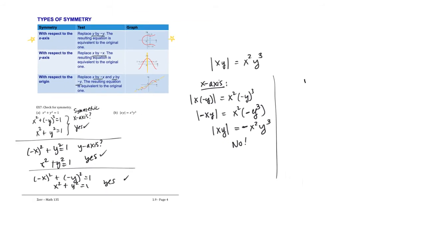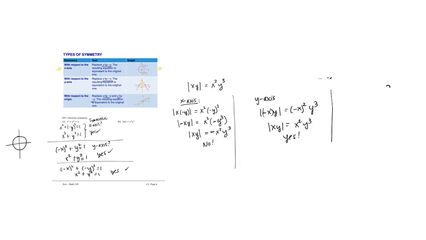Okay, and now if we try y-axis symmetry, we're going to replace x with the opposite of x. And this one will be symmetric because you take the opposite of x and square it, and it will be positive. So this one is a yes. And then let's look and see with the origin. Okay, here we're going to replace them both.